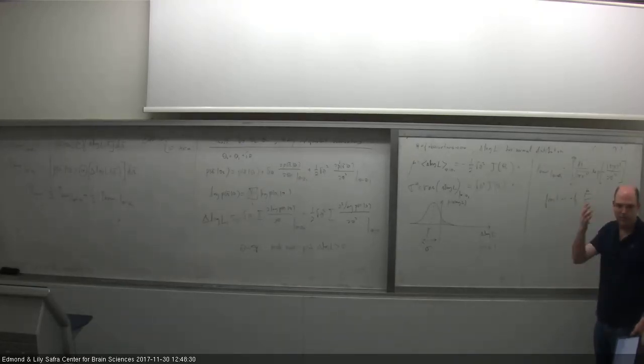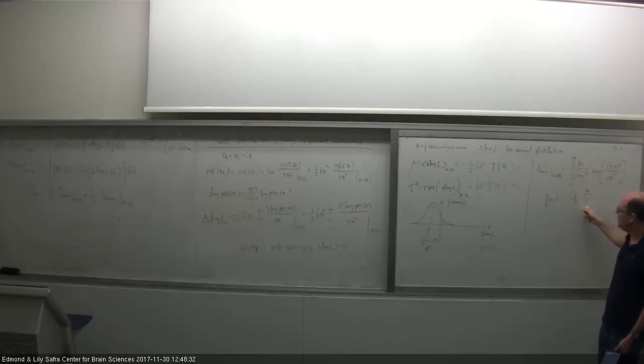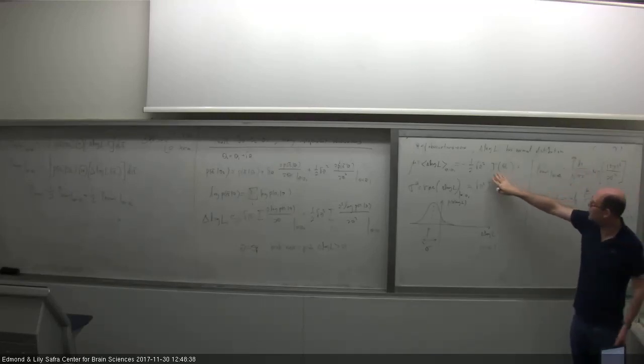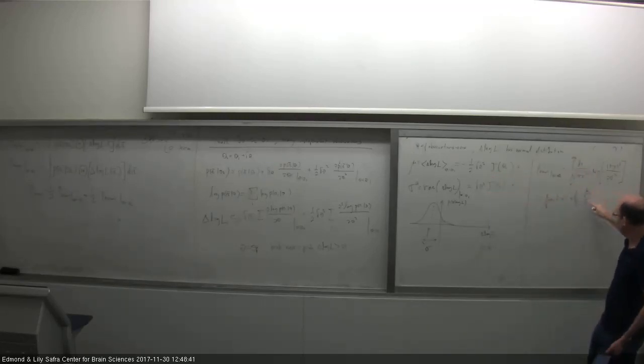This is what I said in words before, that if I would multiply mu and sigma by a constant, it wouldn't change this integral. But what happens when we increase the number of observations is that the ratio mu over sigma becomes larger, right? Because mu increases as n, and sigma increases as square root of n.